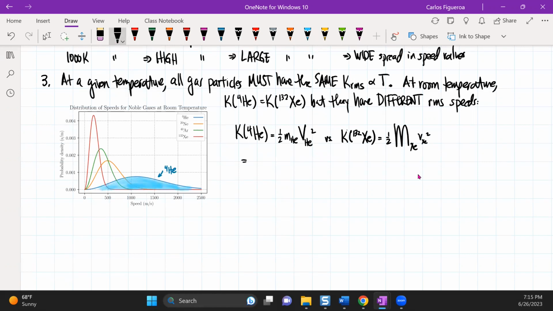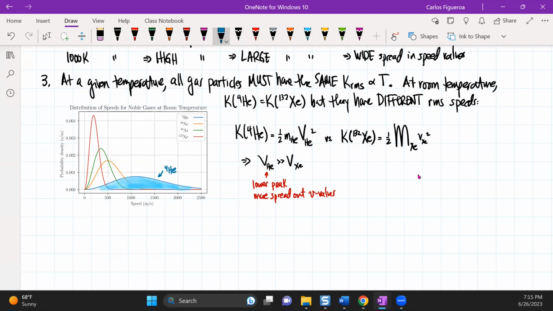In other words, the speed of helium turns out to be much larger. So check this out. This one has a lower peak, so therefore it has more spread out V values.